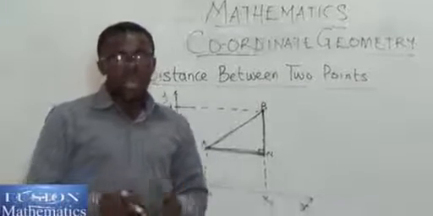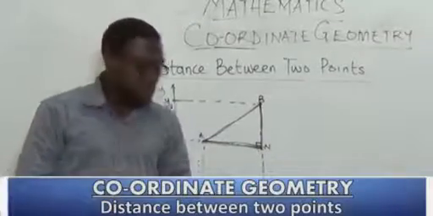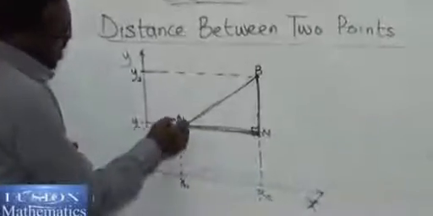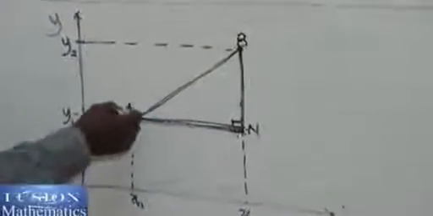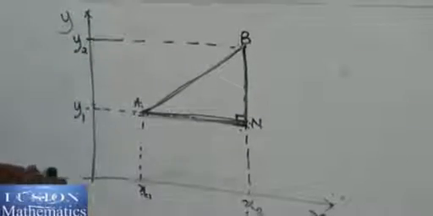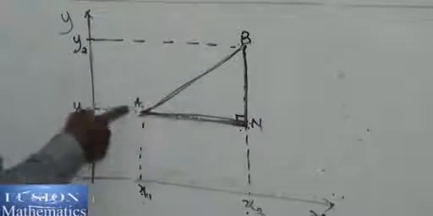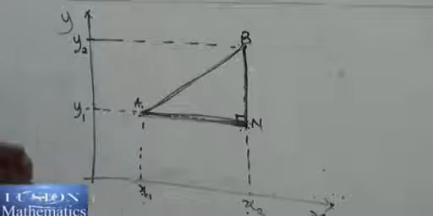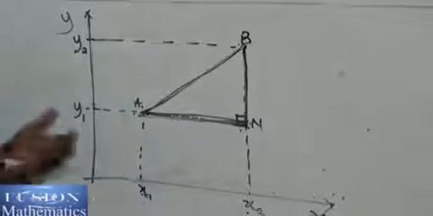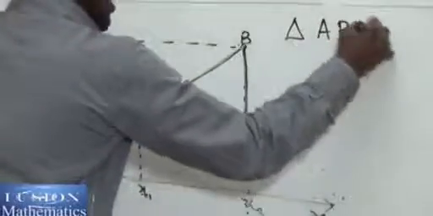Next, we are looking at the distance between 2 points. Take, for instance, we have 2 points A and B. A having a coordinate of x1 and y1, and B having a coordinate of x2 and y2. Now, for the length AB, we will see that this forms a right-angled triangle, which is triangle ABN.